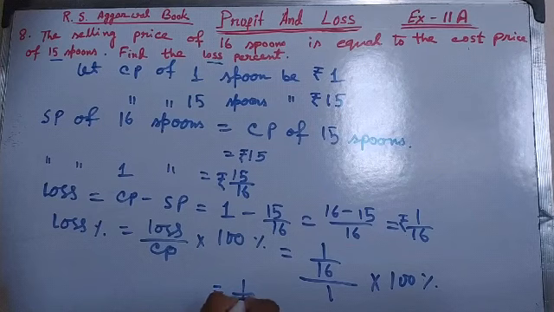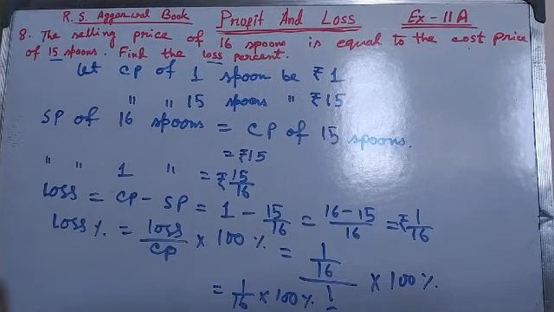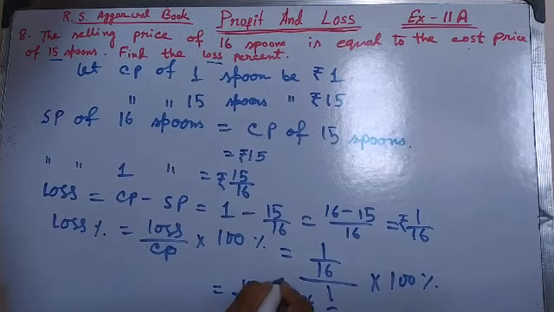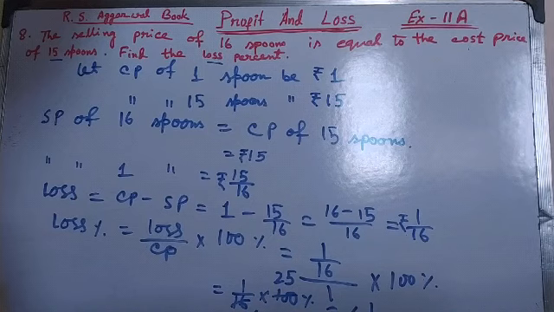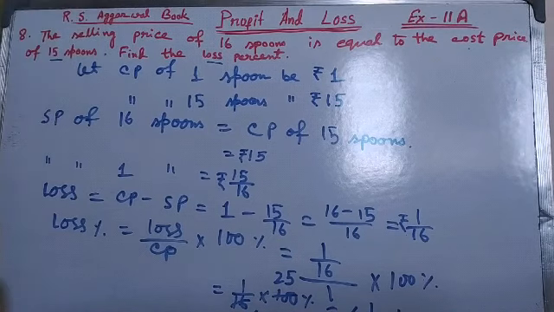That means 1 by 16 into 100% equal to, we can calculate it, 4 4s are 16, 4 25s are 100, then 4 6s are 24, 6 whole 1 by 4%.